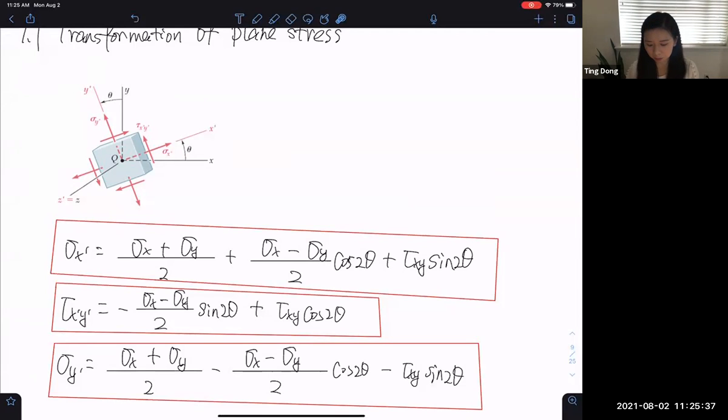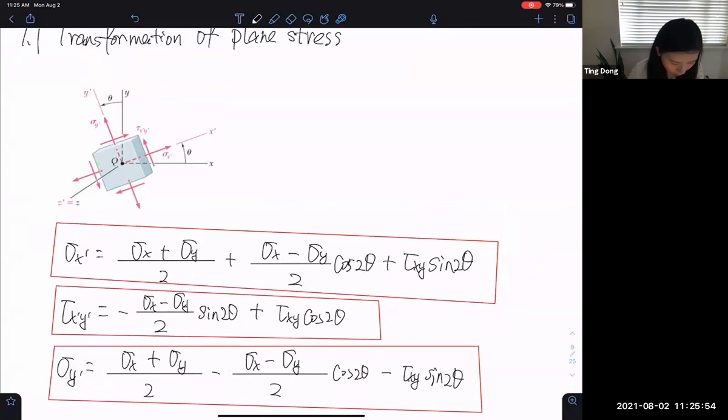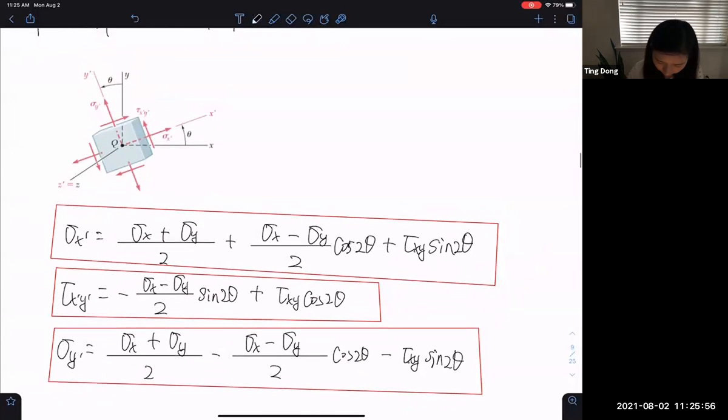A lot of times, in chapter 8, combined loading, in the final step you need to use this one, and in that situation you can use any method you want. For this one, I already posted all the equations you need for exam 3. So these are given.